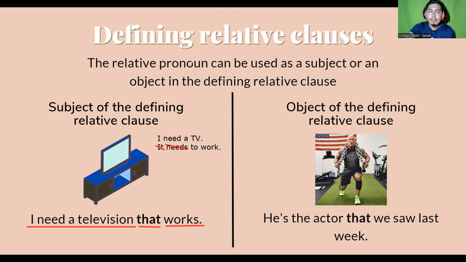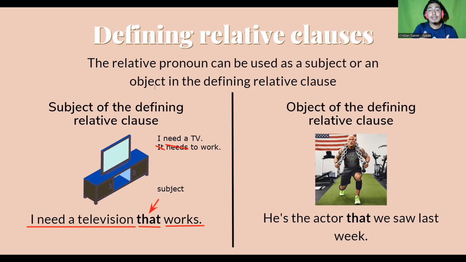In this case, the only thing I need is work. That in this sentence means that this is the subject. This is the subject of the sentence, of the defining relative clause, I mean, okay?